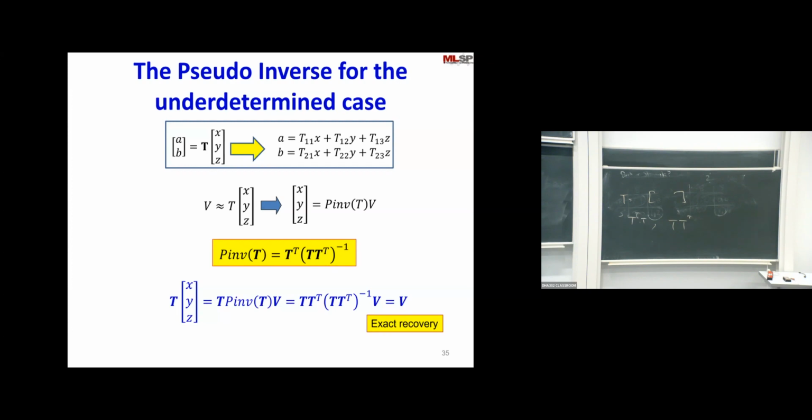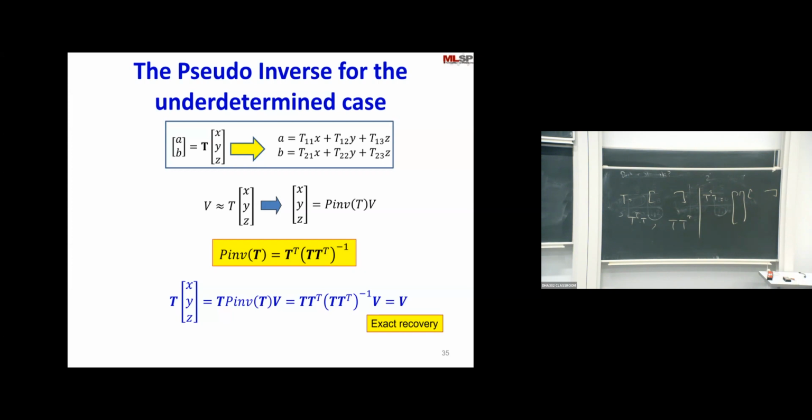T transpose T. Thank you, Amon. Right. So why T transpose T? Because it's an outer product. T transpose T is going to look like this times this, right? What's the rank?